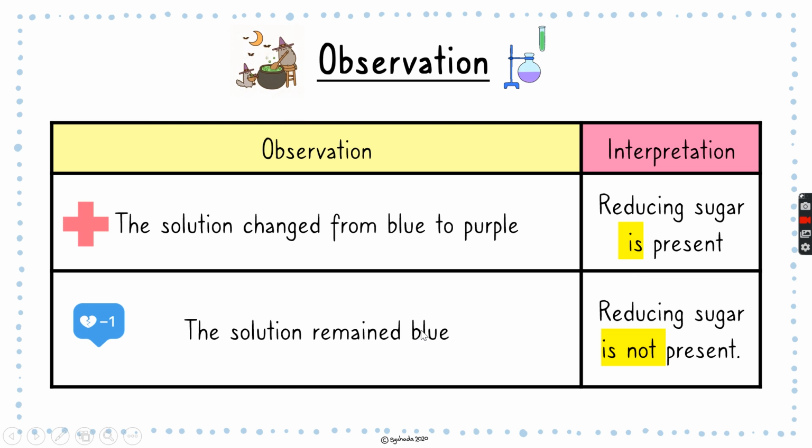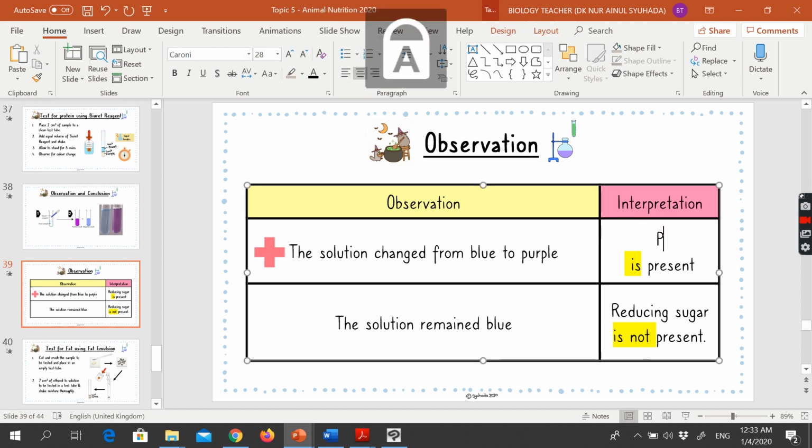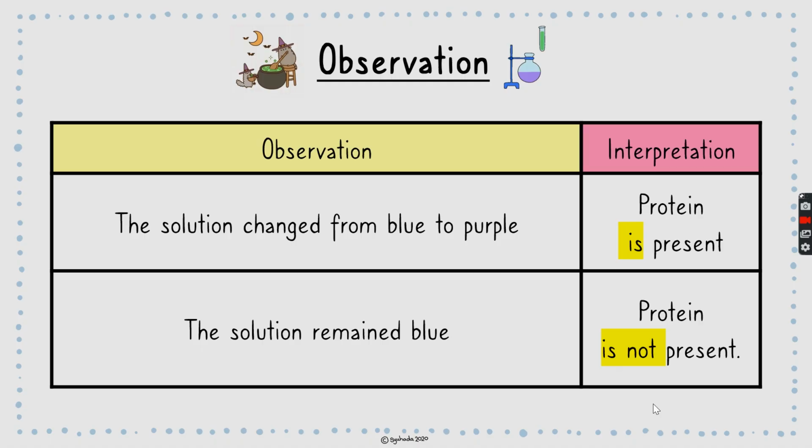But if the solution remains blue in color, that means that, oh my gosh, not reducing sugar, we're looking at protein here. Sorry, protein is present and protein is not present. Okay, so because we're looking at Biuret test for protein, the interpretation should be protein is present if it is from blue to purple, and if the solution remained blue, then that means that protein is not present.